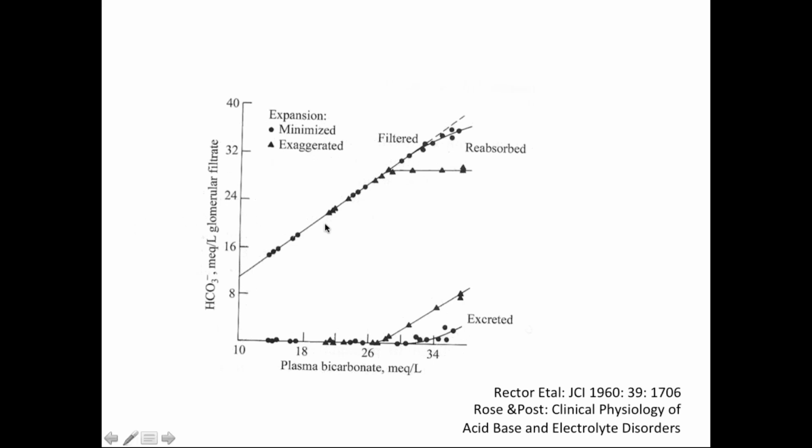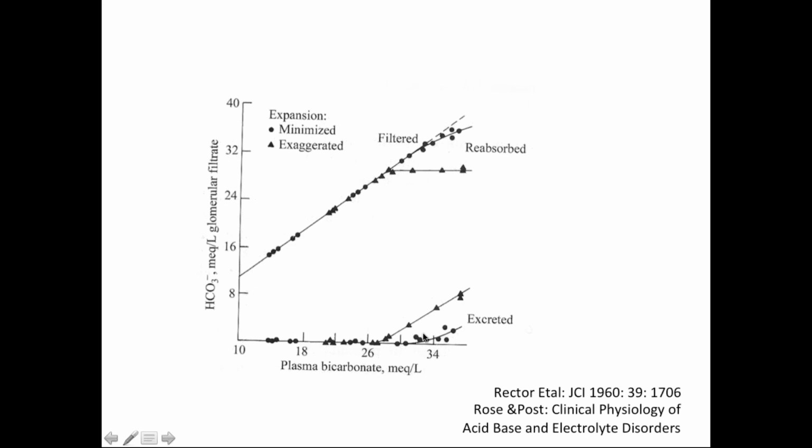With no expansion, the kidney continues to reabsorb, which is like a volume depleted state. It will continue to reabsorb the bicarb all the way up to 35, while if you are volume replete and otherwise normal, the kidney will not reabsorb above 26.